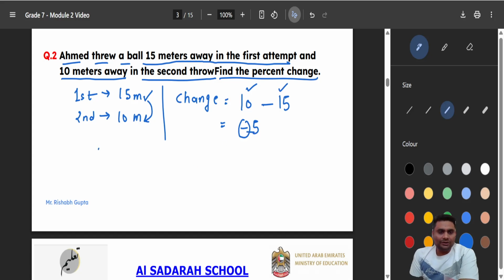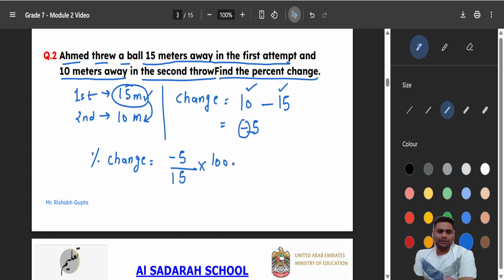Now we want to get this change into the percentage. So percent change will be, the change is minus 5 over, what was the actual value? Initially it was how much? 15. So initially it was 15, then times 100. Now see, both the 5 and the 15 come in the table of 5.